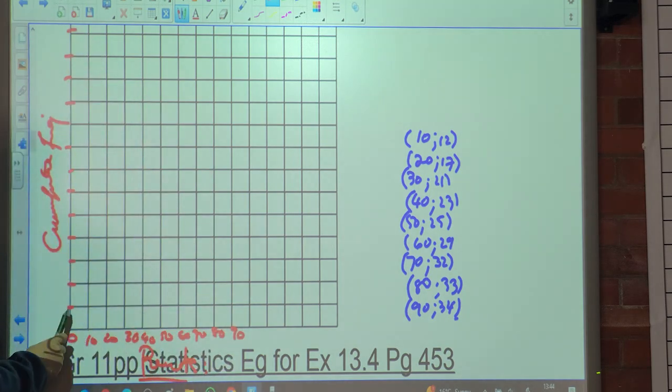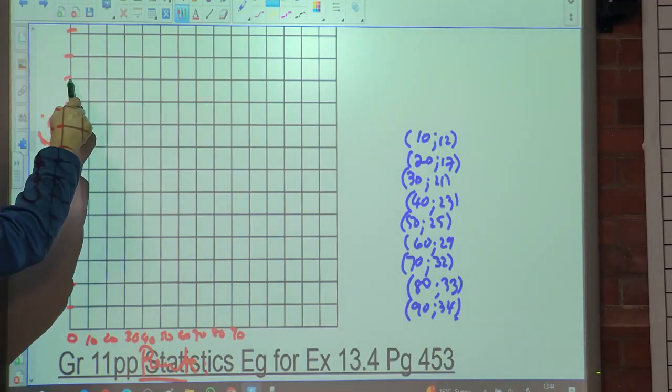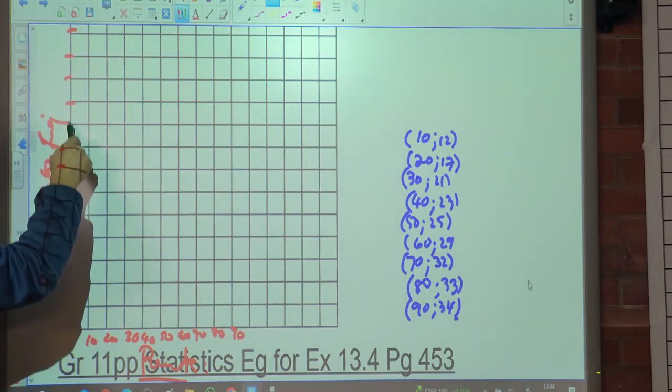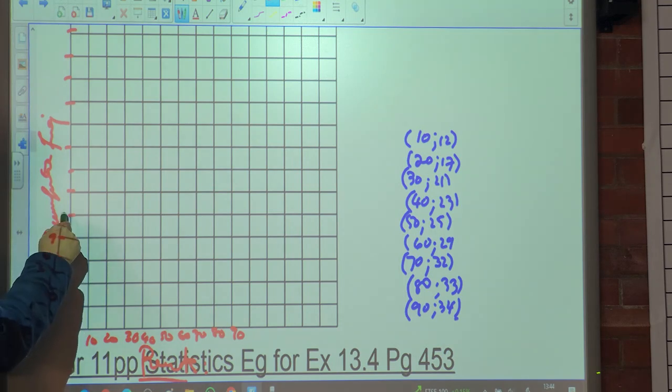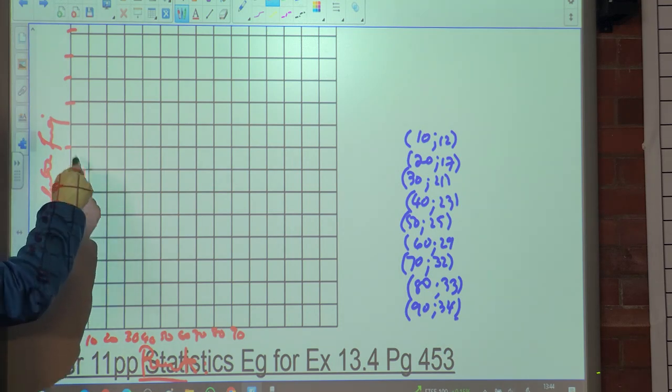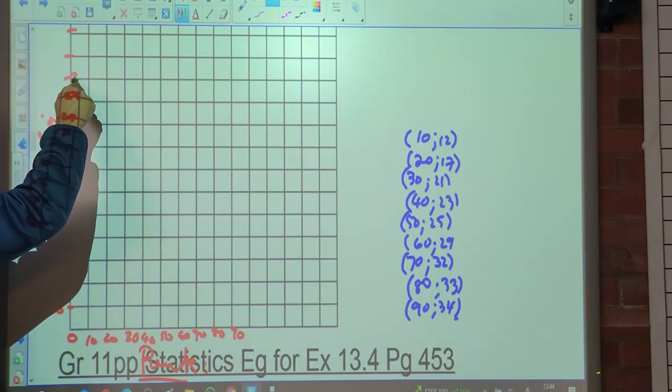So let's go with 3s: 3, 6, 9, 12, 15, 18, 21, 24, 27, 30, 33, 36.